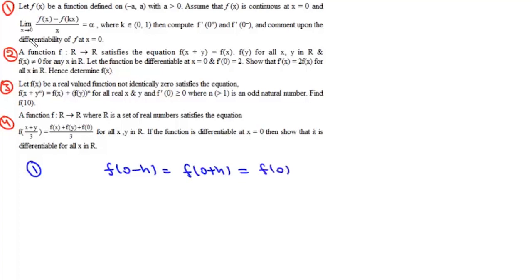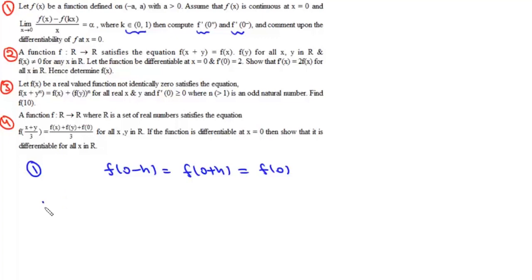It is given that limit x tends to 0, f(x) minus f(kx) upon x, is equal to alpha, where k lies between 0 and 1. Then compute f'(0) positive and f'(0) negative and comment on differentiability of f at x equals 0. Now what we'll do is we'll first solve this limit.